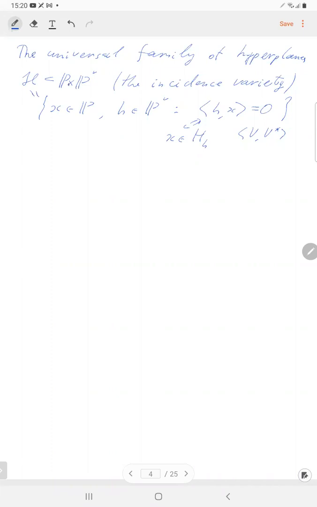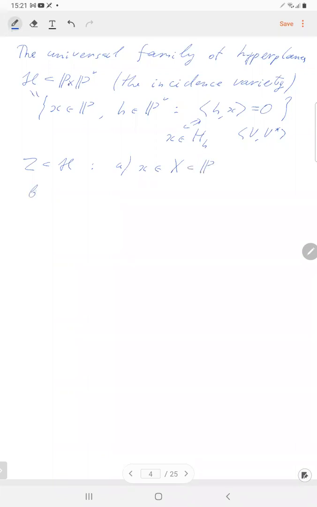So what do I do now? Inside this H, I now consider a subvariety Z given by the following conditions. So first, I require that X actually lies in my subvariety.